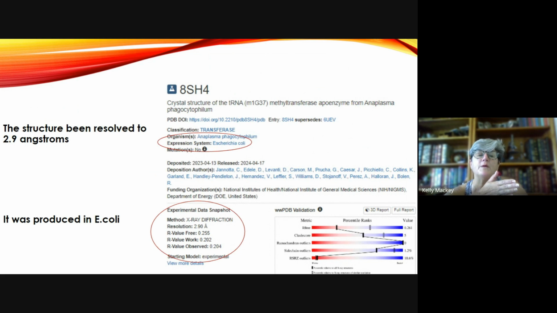But rather than getting the protein directly from that bacteria, scientists put the gene into an E. coli through genetic engineering and ask the E. coli then to make the pure protein for them in the lab. So when they talk about the expression system, that's the difference there. It's not a naturally occurring protein in E. coli, but that was the bacteria that was used to make the purified protein.